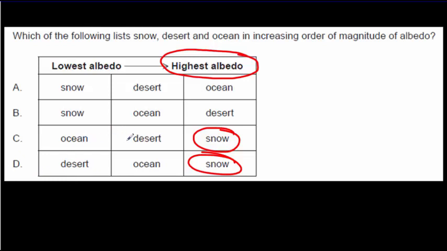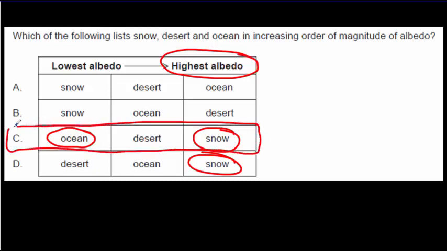Now between ocean and desert, well, the ocean is fairly dark, a dark blue, so it's absorbing a lot of light. So I would say that the ocean has a lower albedo than the desert. And so the correct answer here should be C: ocean, then desert, then snow in order of increasing albedo.